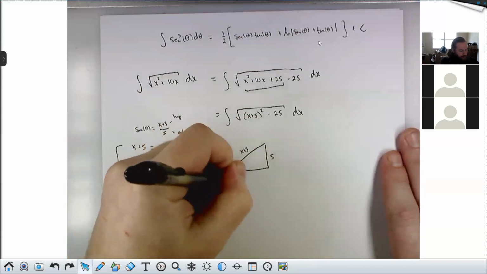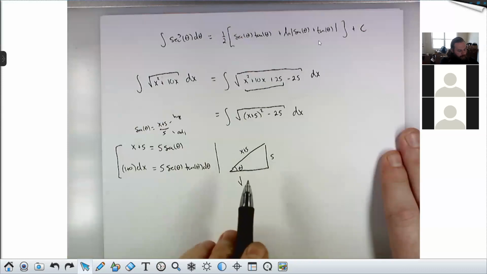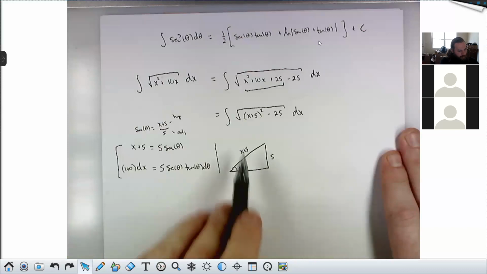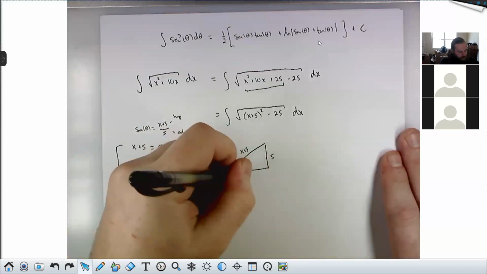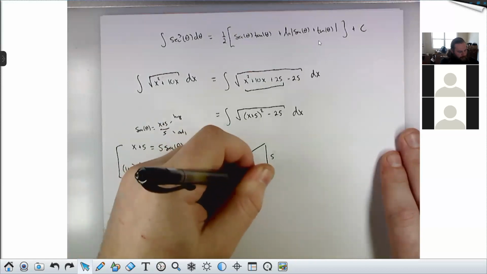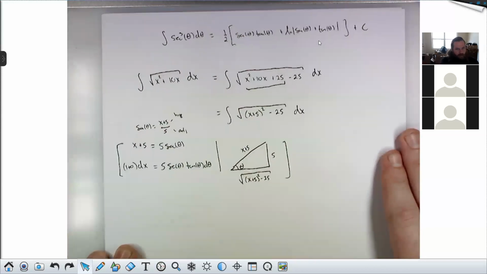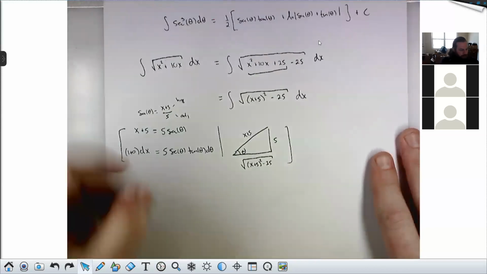And then the square root down here: this squared plus this squared equals this squared, so this squared equals this squared minus this squared. So this guy is the square root of x plus 5 squared minus 25. And that'll let us get into the trig sub a little faster.